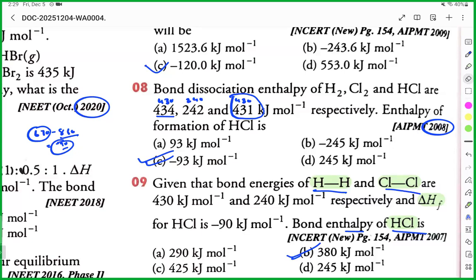H2 plus Cl2 minus 2HCl. You have to calculate HCl. You will take it to the other side. 2HCl is equal to H2 plus Cl2 minus delta H. Put in the value and get the answer. 670. Everybody got the answer from this question. 8th and 9th are exactly the same.